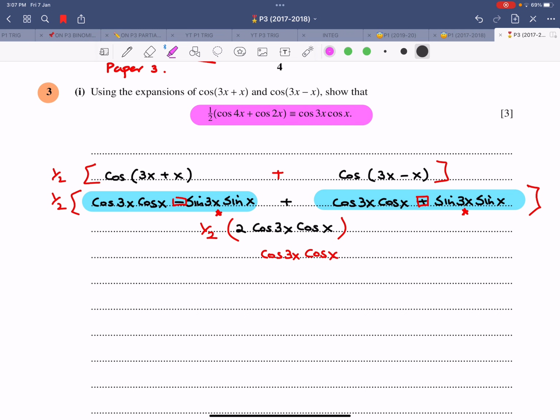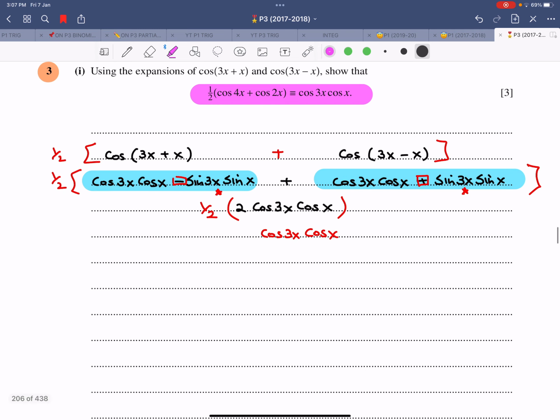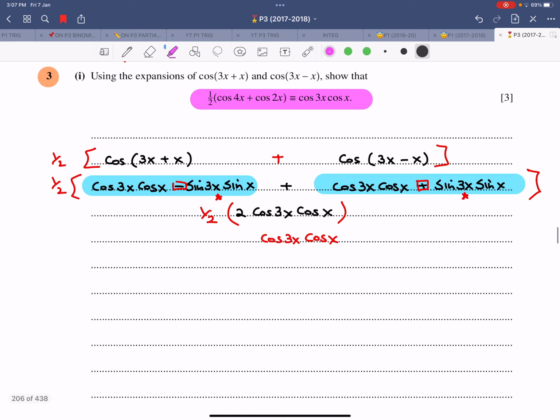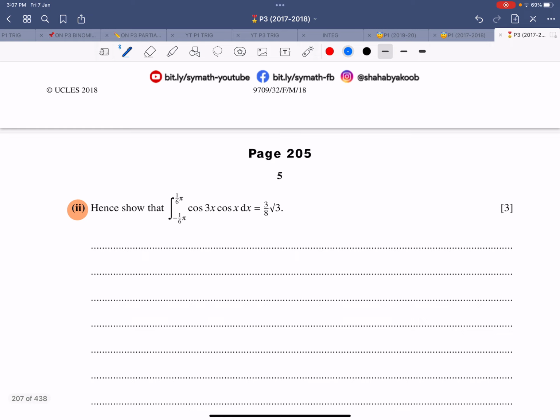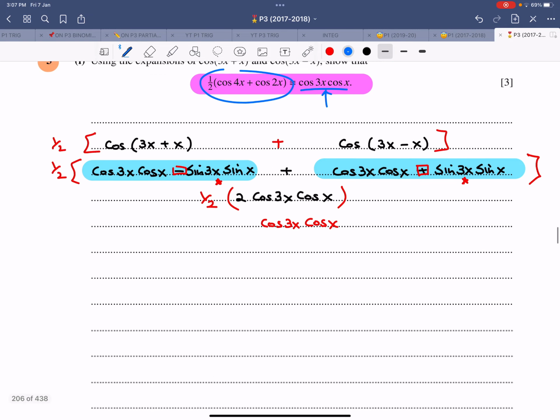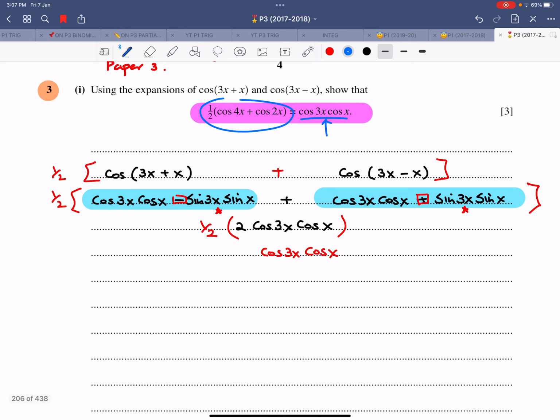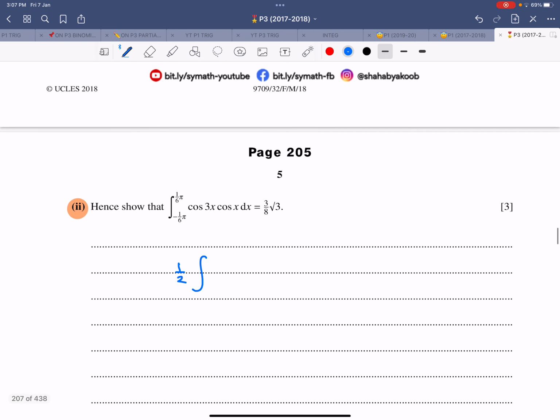That means in the next part, integrating this particular expression is the same thing as integrating this. So, the integral of cosine 3x cosine x dx is half, in brackets, cosine 4x plus cosine 2x.